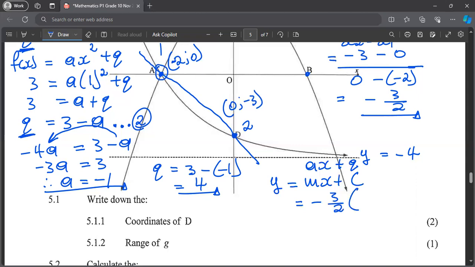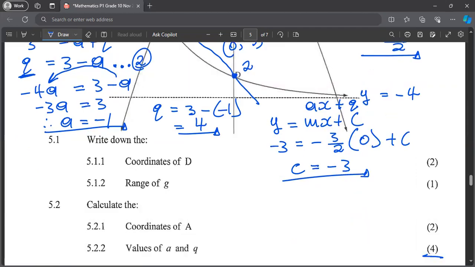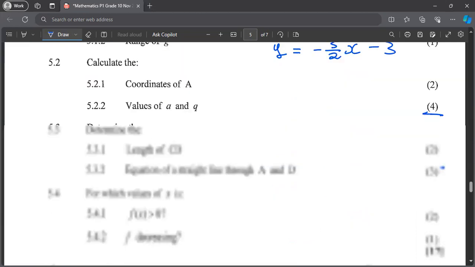Let's substitute point D. At point D, the x value is 0 when the y value is negative 3. So negative 3/2 times 0 will just be 0. This means your c will simply be negative 3. So the equation of this line is just going to be y equals negative 3/2 x minus 3. Yes. And then you are set once again.